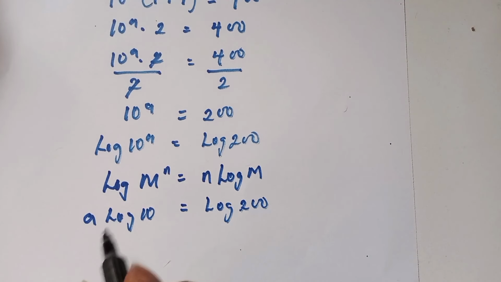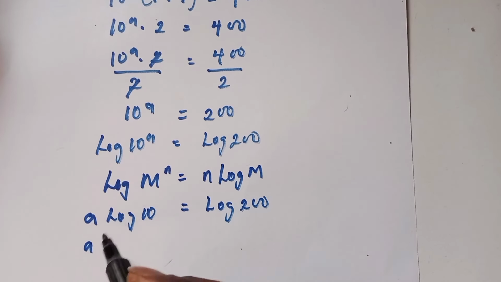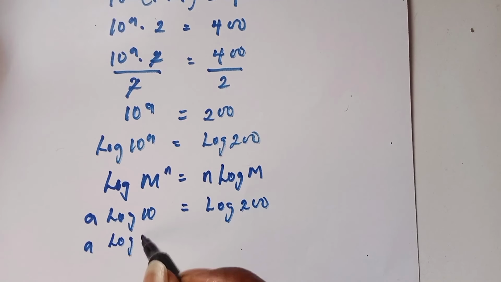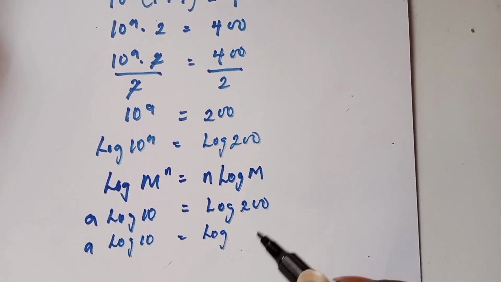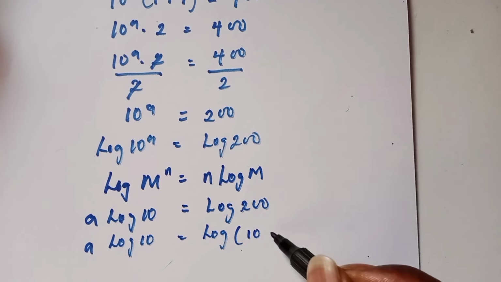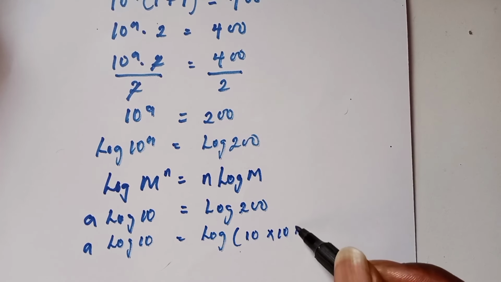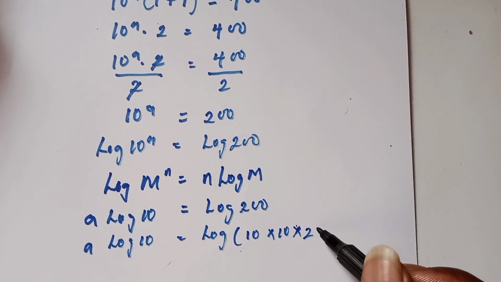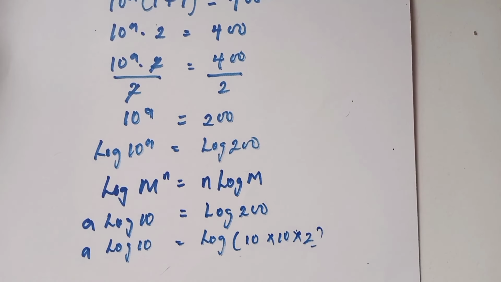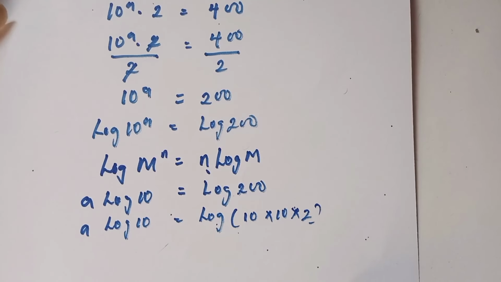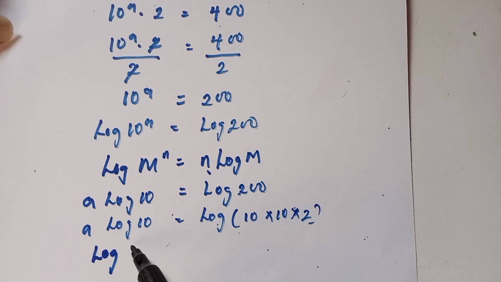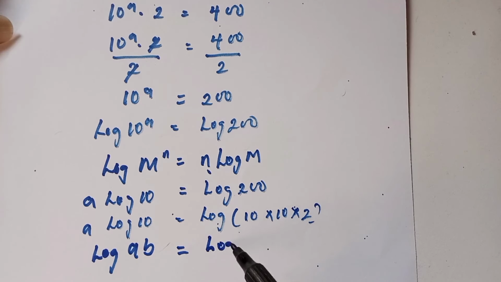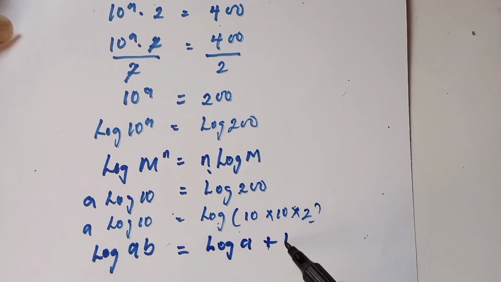Now this becomes a log 10 is equal to log 200, which is the same as 10 times 10 times 2. From here, if we apply the logarithm product rule, log ab is equal to log a plus log b.